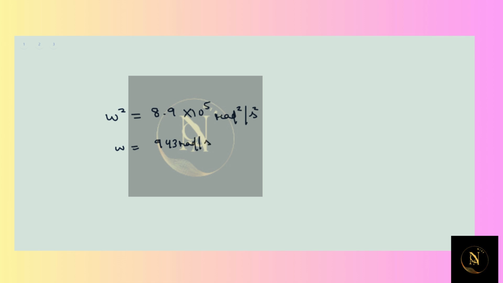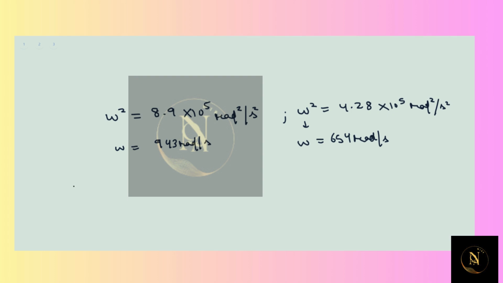This is one value, and the other value is omega squared equals 4.28 times 10 to the power 5 radian squared per second squared. So this gives us omega equals 654 radian per second. These are the two possible values.